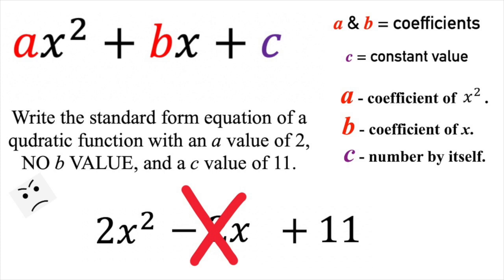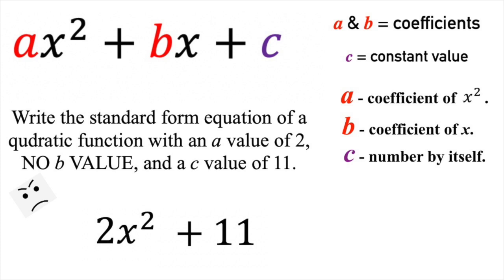And so if there's no value for it, aka if it's equal to 0, that means that the x in that equation is being multiplied by 0. And anything times 0 is 0, so it might as well not be there. So if we're going to write the standard form equation of a quadratic function with an a value of 2, no b value, and a c value of 11, then we're just going to have 2x squared plus 11.